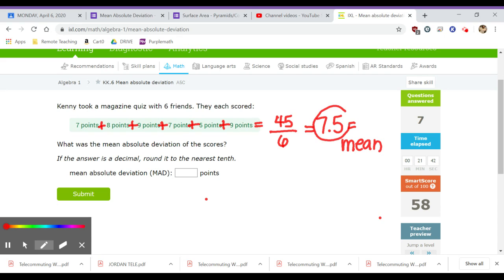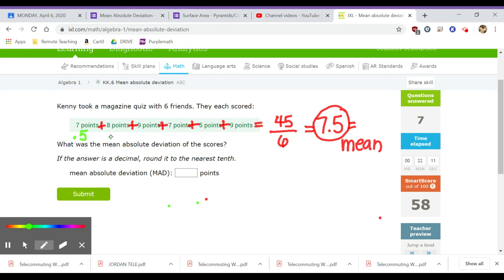So now I just need to find my distances. So 7.5 is just going to be 0.5 away from 7. It's going to be 1.5 away from 8. It's going to be 2.5. No, wait. It's only going to be 0.5. See, I almost messed up.